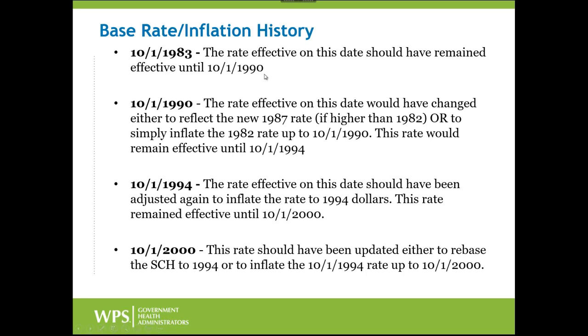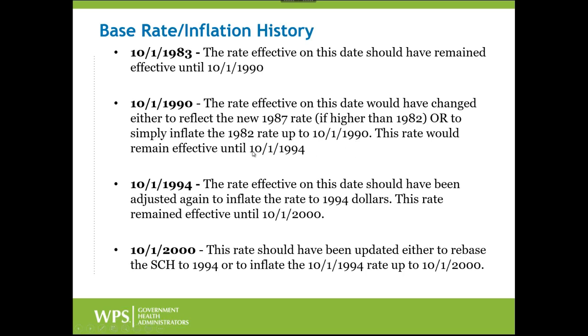Now that doesn't mean you'd be paid only based on that rate. The system behind the scenes knows what rate was locked in, and they know what update factors need to be updated to get you to the year in question. At 10/1/90, it's possible that you would have been rebased to a 1987 rate if it was higher, or if nothing else, that 1982 rate would have been further updated to hit 1990 dollars.